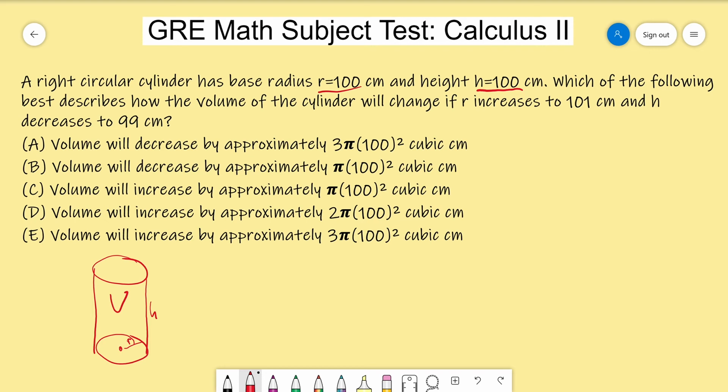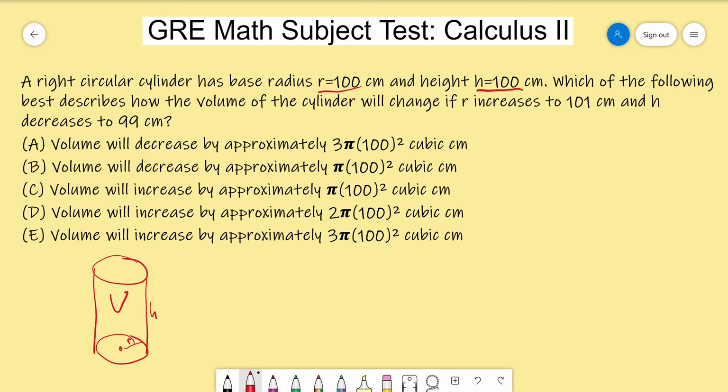So in this kind of question, when we're asked to approximate a change in a certain quantity, it's like in Calculus 1, where we use the tangent line as a linear approximation of a function. Here we're going to use the tangent plane.